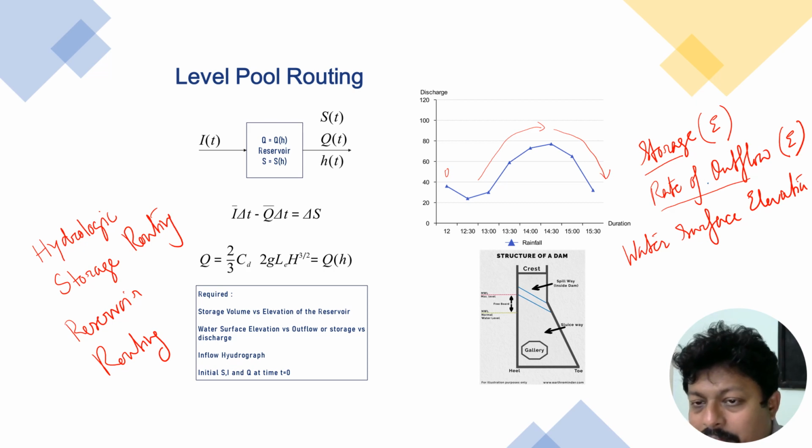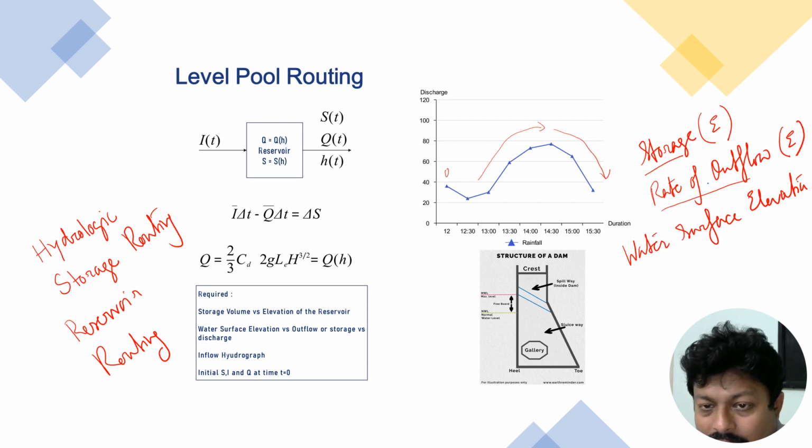This is the pattern of rainfall. The runoff generated due to that rainfall, coming inside the dam as flood water, will also change the water surface elevation, and this change will be time dependent.